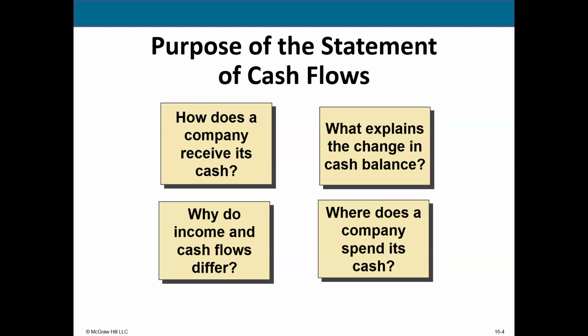The second area that the statement of cash flows is broken out into is called investing activities. The company sometimes needs to grow and expand. How do we grow and expand? We purchase or sell property, plant, and equipment. We call that investing activities because we're investing into the business.